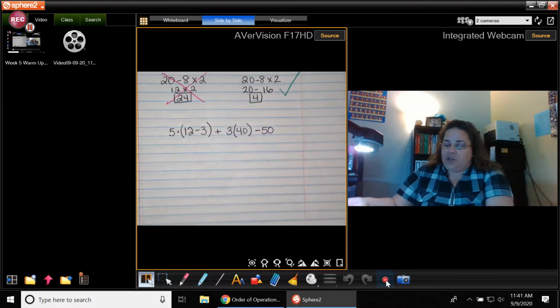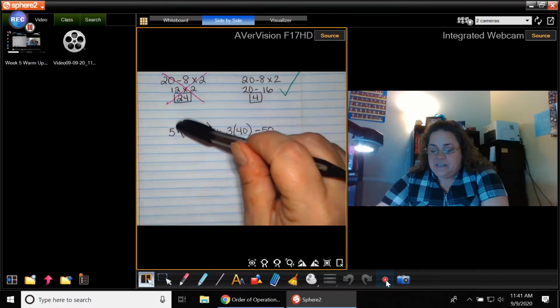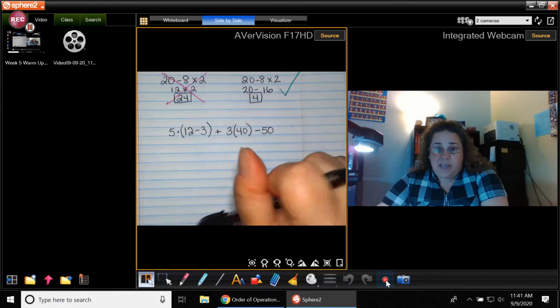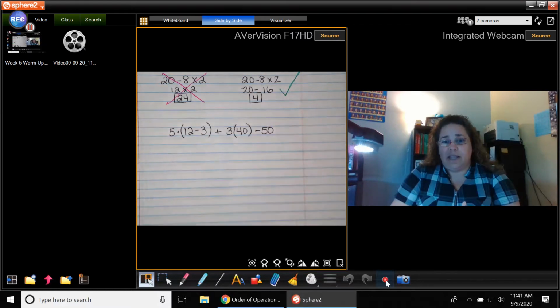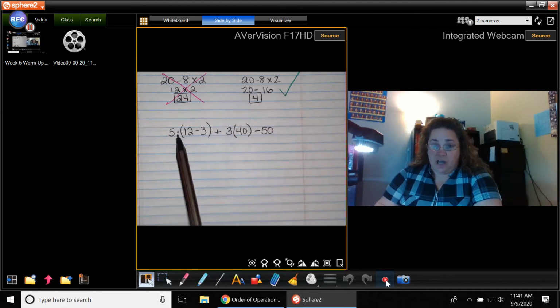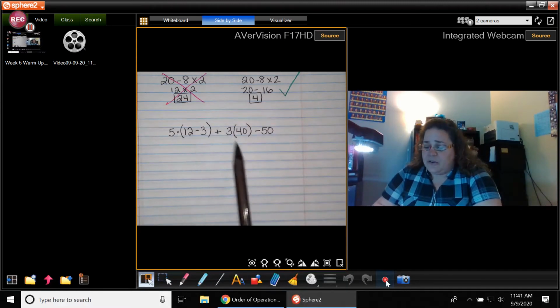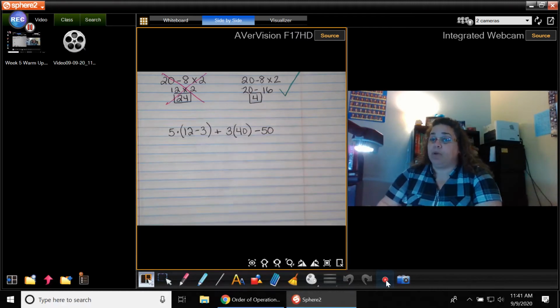Okay, so notice up here I put a multiplication dot, okay? Remember I told you in 6th grade you're going to start to see the dots? Yes, good, okay. So I did that to show you the dot, but over here notice that there's no operation between the 3 and the parenthesis. When you don't see an operation between the parenthesis and the number, that means it's multiply. It's always multiply, okay?